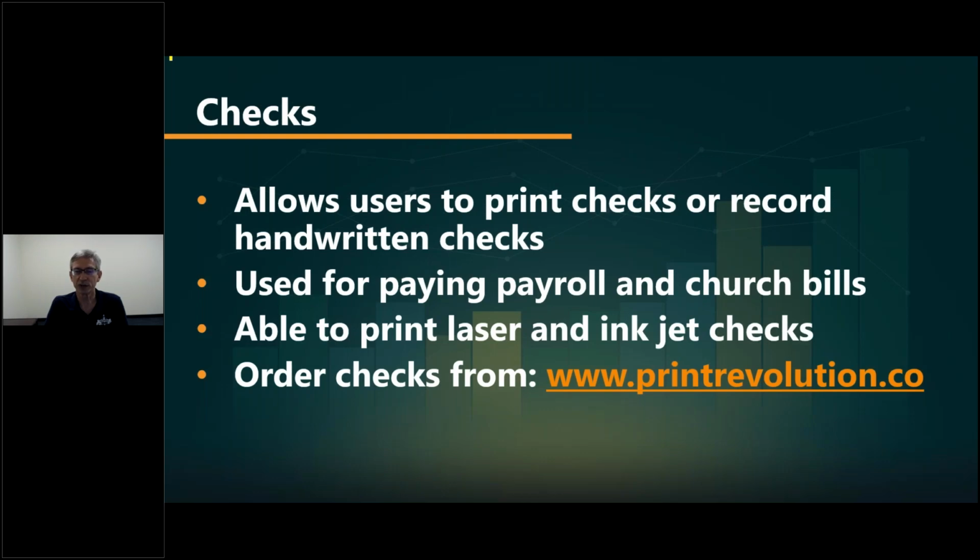It used to be Forms Plus. In the past, we've had a relationship with them for years, but now they've changed their name. So the URL or the web address for this company is www.printrevolution.co. It is .co there on the end. That's not a mistake.